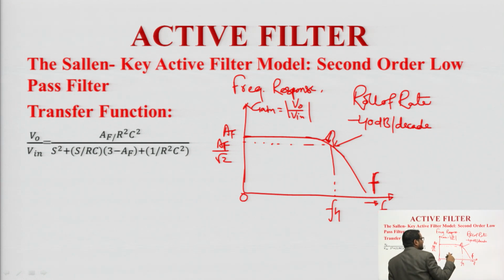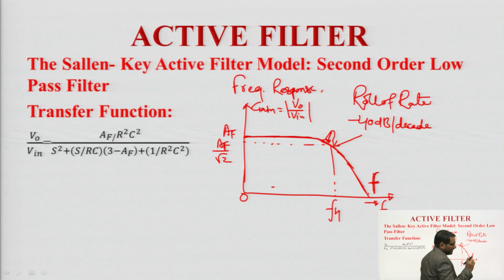Alpha gives a flat pass band and a flat stop band. This peak is minimized with the value of alpha, and it also decides whether this filter is a Butterworth, Bessel or Chebyshev filter. So, this is the second order low pass filter.